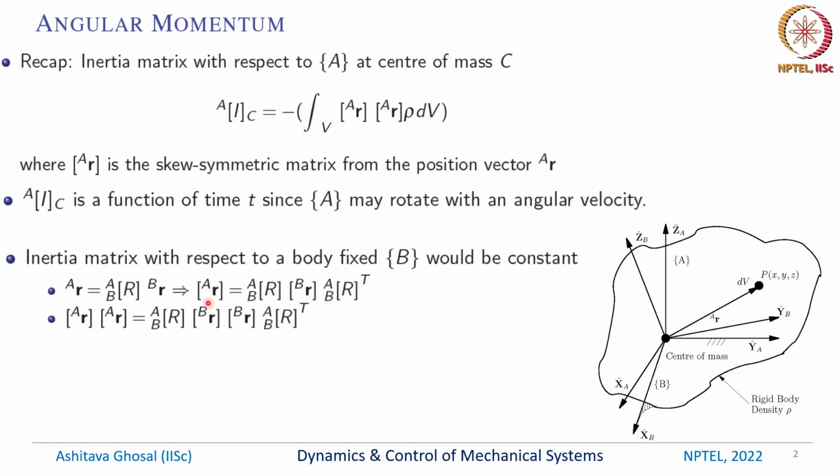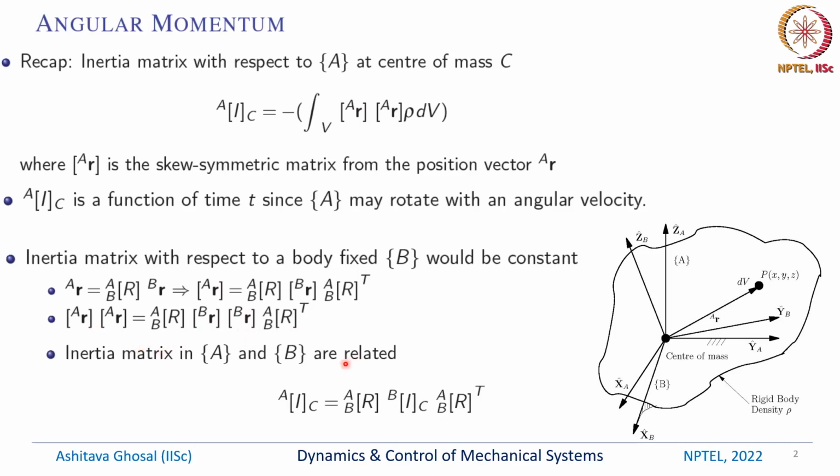So this is just like any other matrix, how a tensor is transformed between two different coordinate systems A and B. So the product of these two skew symmetric matrices, AR into AR, can be written as ABR times BR times BR times ABR transpose. So again the skew symmetric matrix is converted from one coordinate system to another.